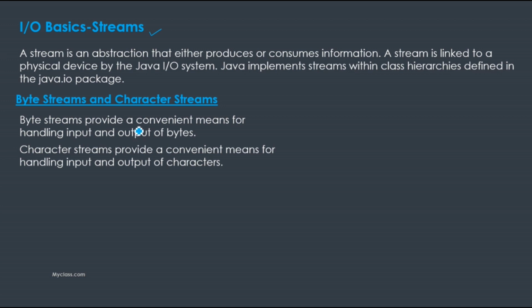A stream is linked to a physical device by the Java IO system. A Java program communicates with our IO system with the help of streams.